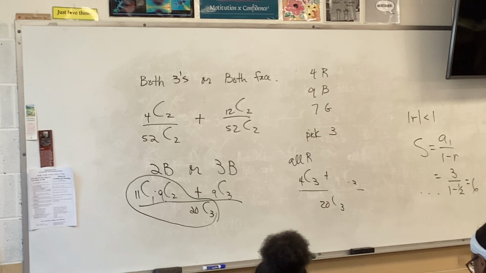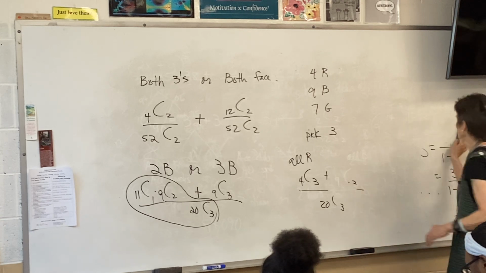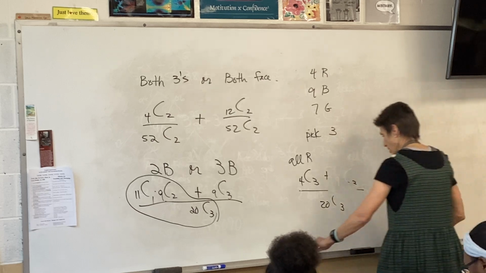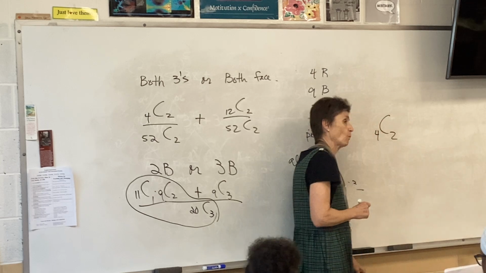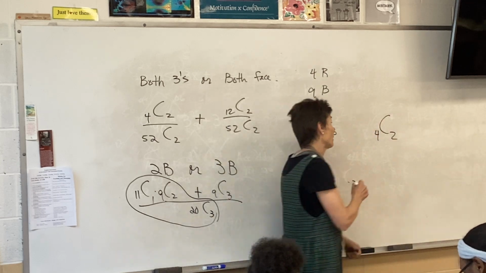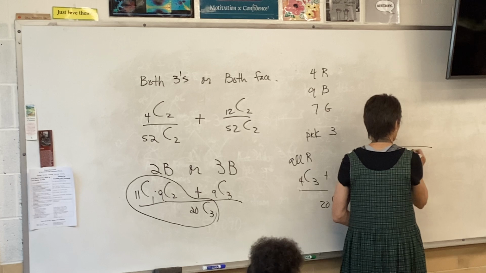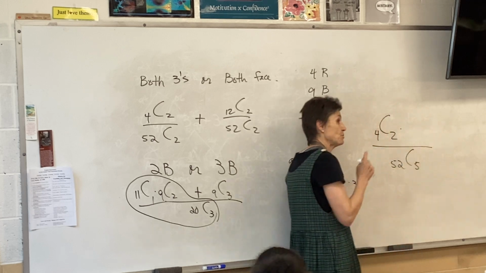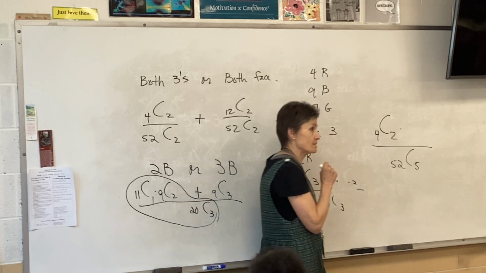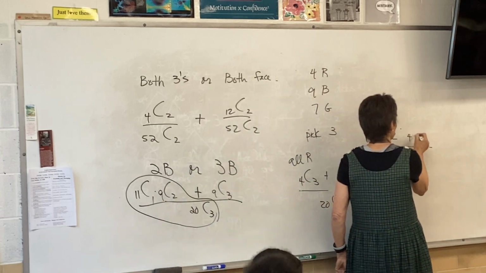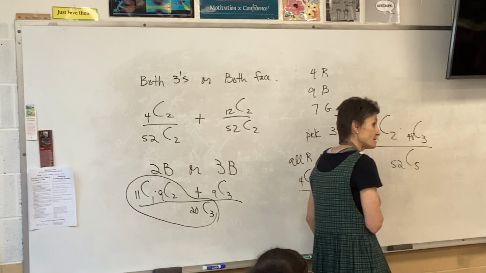So, how many aces are in the deck? 4. So we're going to start by saying we need to get 2 of those 4 cards. Now, it's a 5-card hand. So we need 2 aces and 3 other cards. And the 3 other cards are going to come from the non-aces.